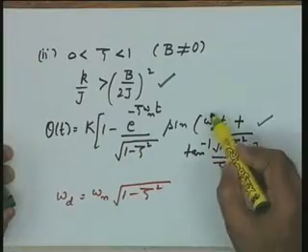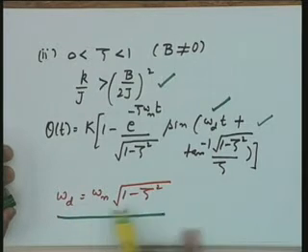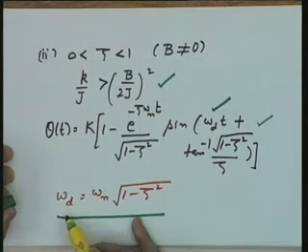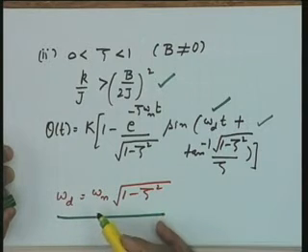Now, omega d is the term used over here, and this omega d in terms of omega n and zeta is given by this expression. This omega d is referred to as the damped natural frequency. The reason for this name will become obvious when you look at the response curves.